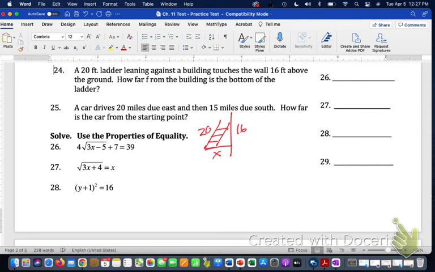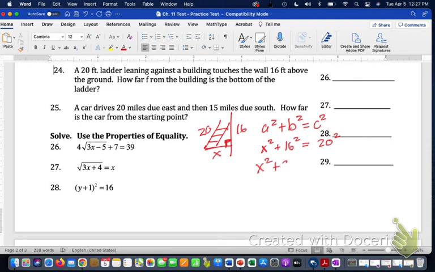That's our x. So we're doing a squared plus b squared equals c squared. What is my hypotenuse? Remember, our hypotenuse is always opposite the right angle. So 20 squared has to go here, 16 squared here, and x squared here.